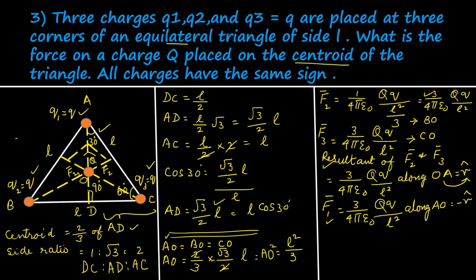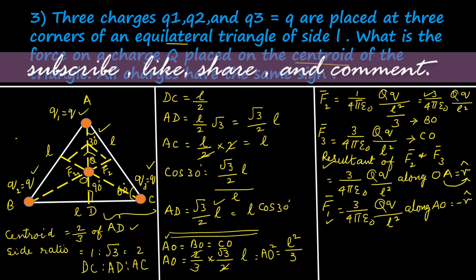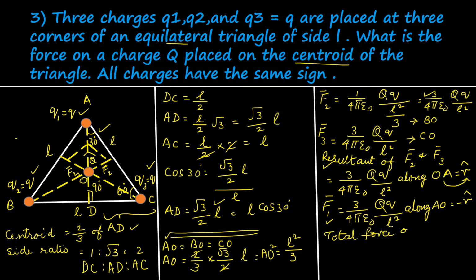So it is clear that force F1 on capital Q is equal but opposite to the resultant of the force F2 and F3 on capital Q. So they get cancelled. So the net force on capital Q at the centroid is equal to 0. I hope it is quite clear.